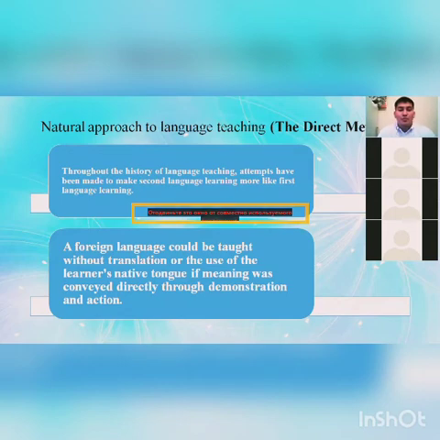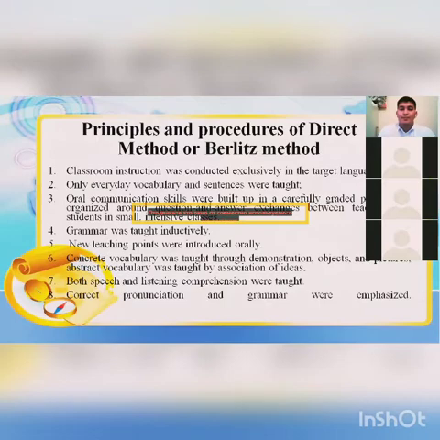A foreign language could be taught without translation or the use of the learner's native tongue if meaning was conveyed directly through demonstration and action. So in direct method, we should use demonstration and action to teach a foreign language, the same as we learned our mother tongue. Through demonstration of the things, and by acting we show the situations and abstract meanings.